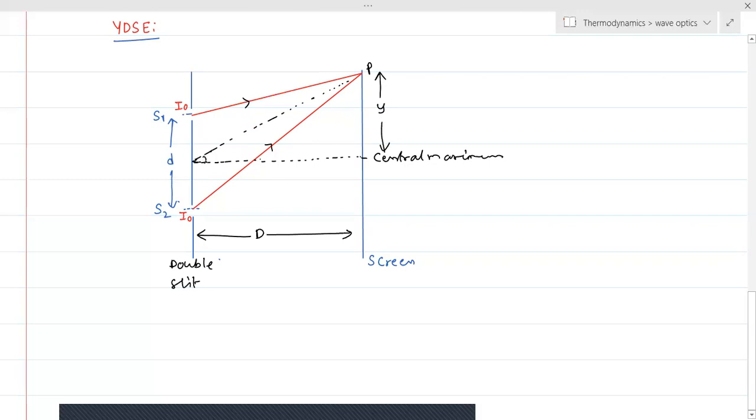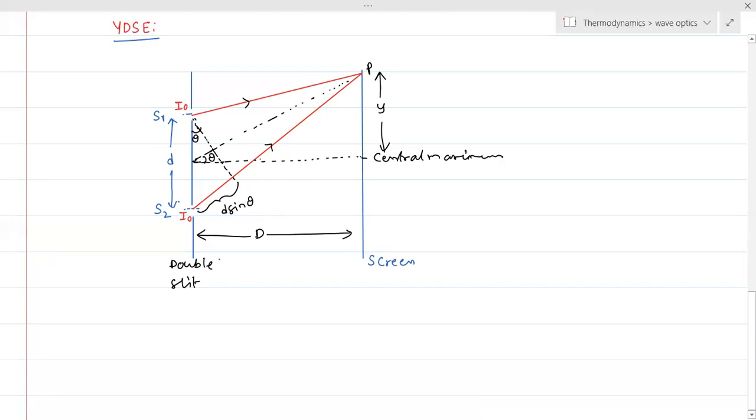If this is theta, and according to the geometry, this angle also becomes theta. In such a case, this is d sin theta.